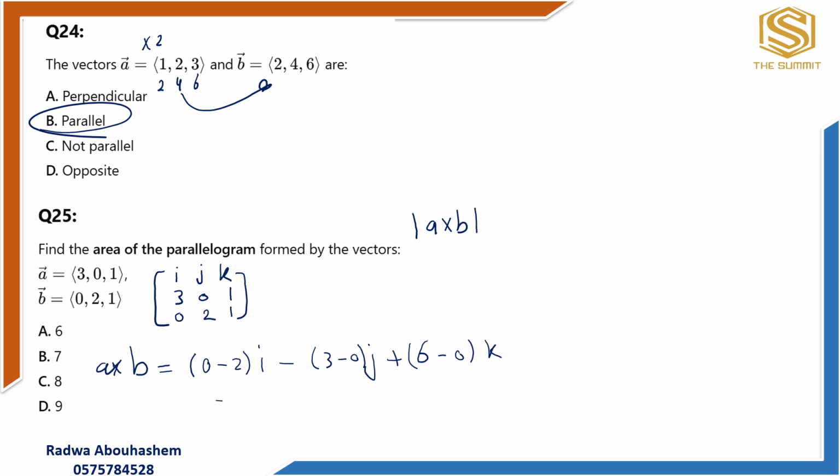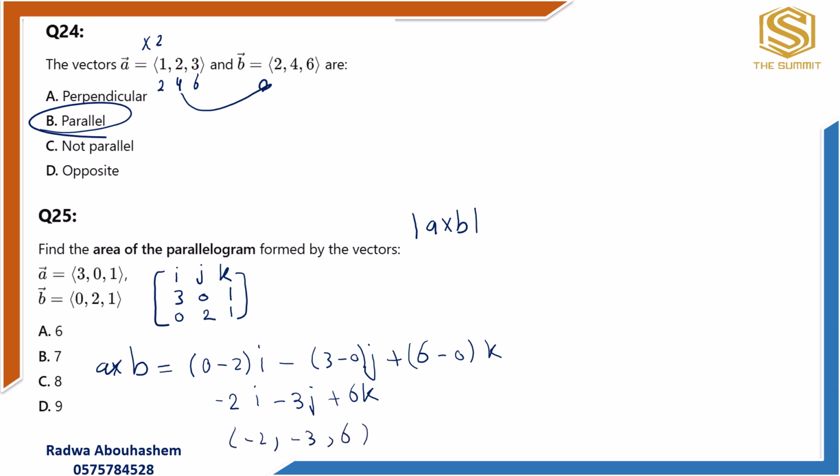So here is negative 2i, negative 3j, and 6k.